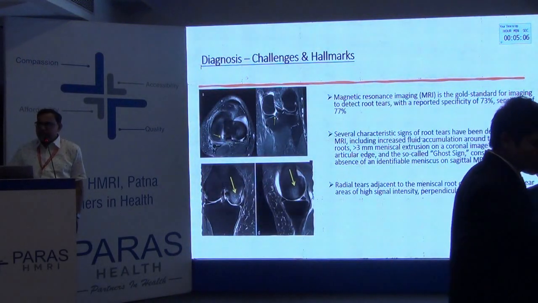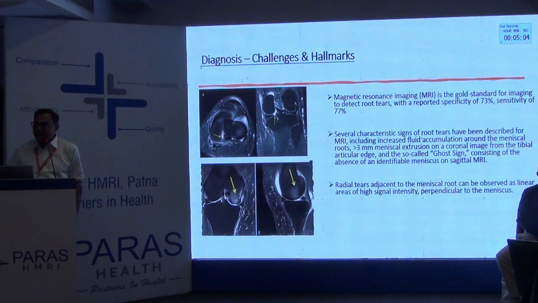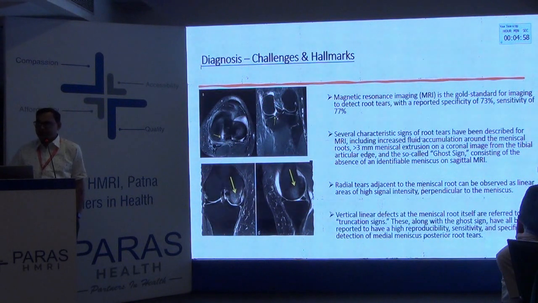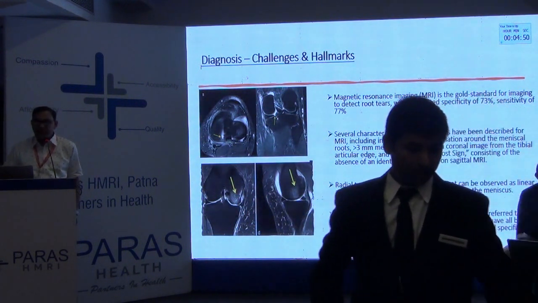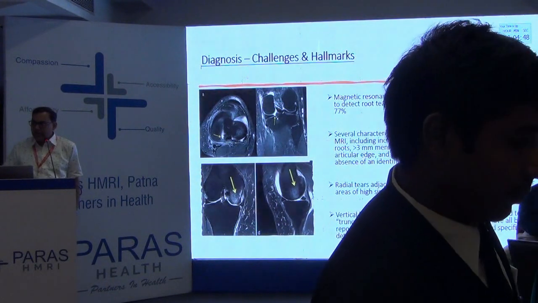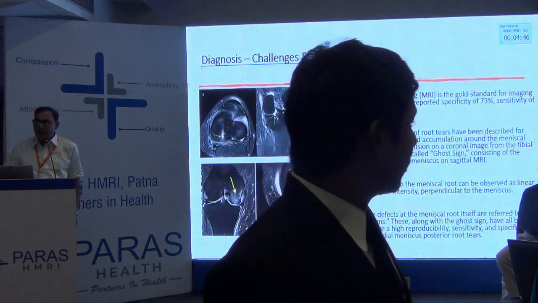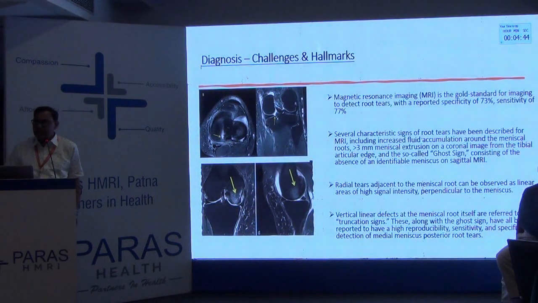A radial tear adjacent to the meniscus root can be observed as linear areas of high intensity perpendicular to the meniscus. The vertical line defect at the meniscus root itself is referred to as the truncation sign, and this along with the ghost sign has been reported to have high reproducibility, sensitivity and specificity.